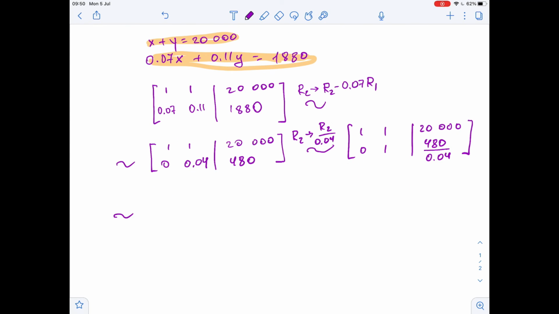In the next step, we subtract the second row from the first row, so row 1 becomes row 1 minus row 2, and here we get 1, 0, 20,000 minus 480 over 0.04, and row 2 is the same.